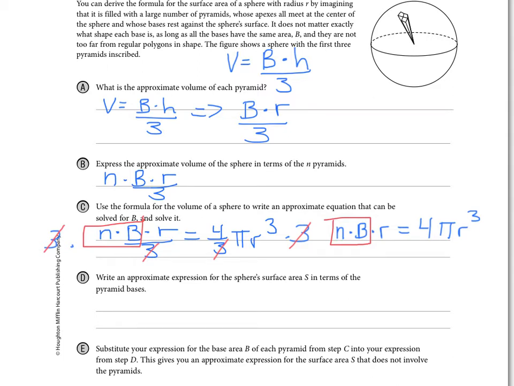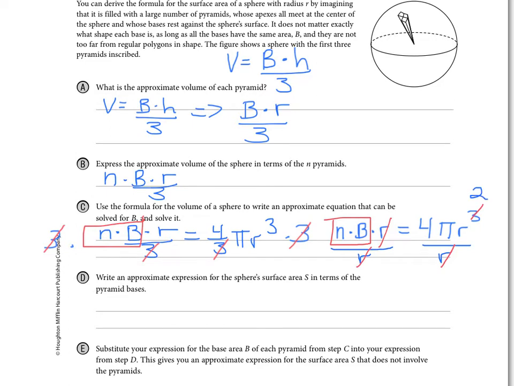So we've got one more step here to get our n times b all alone. And when we do that, notice our r's are going to cancel out over here. And one of the r's is going to cancel out with the r cubed. So my r cubed is going to go down to r squared.